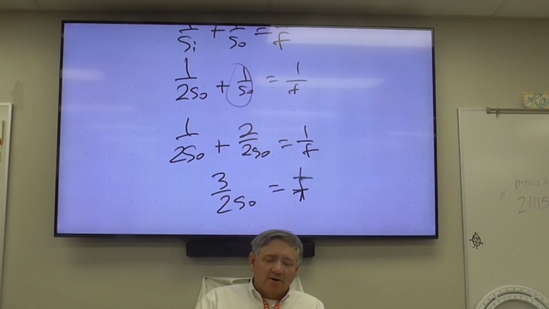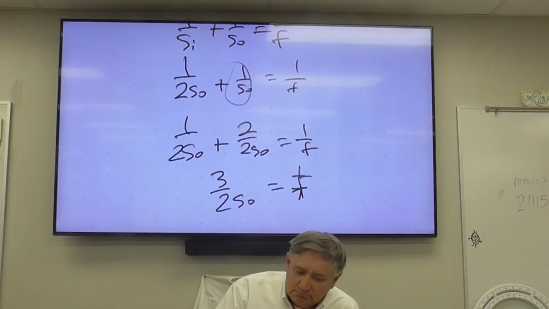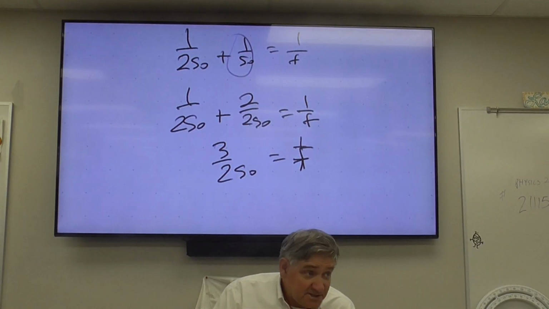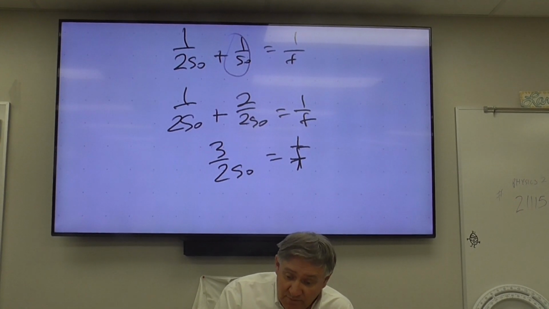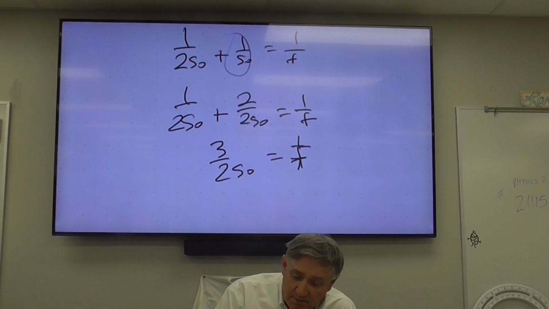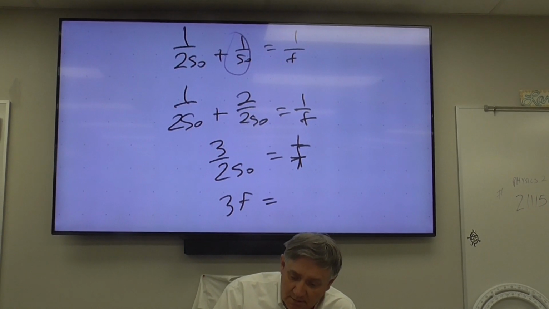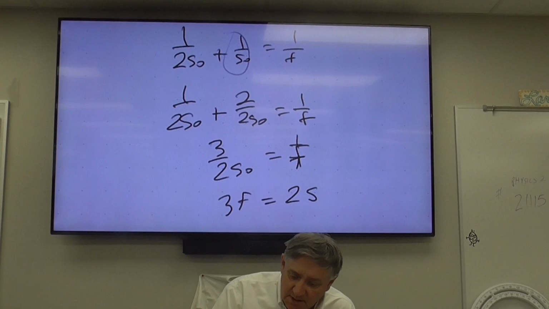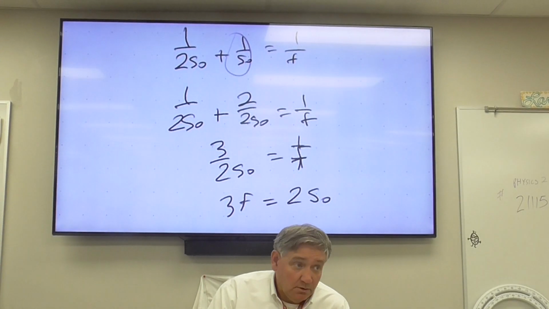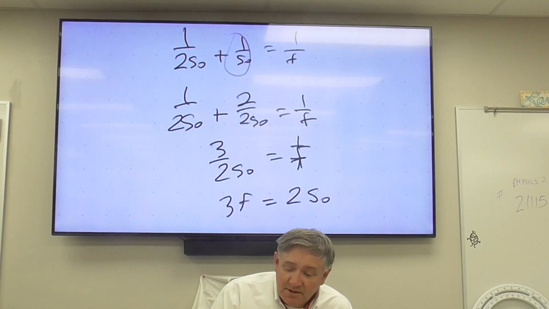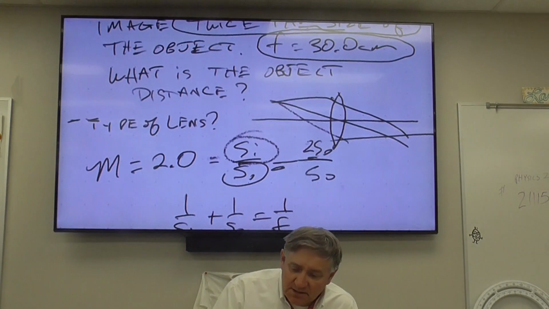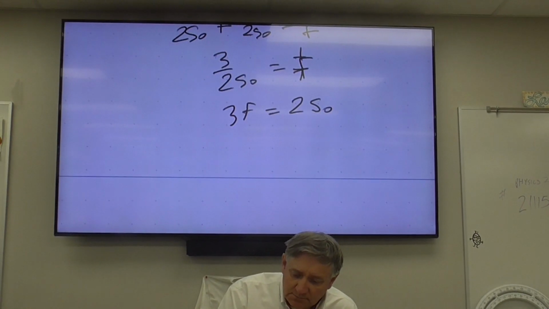So what can I do at this point? A little cross multiplication maybe? 3 times F is going to equal 2SO. All I do is cross multiply. So my focal length is 30.